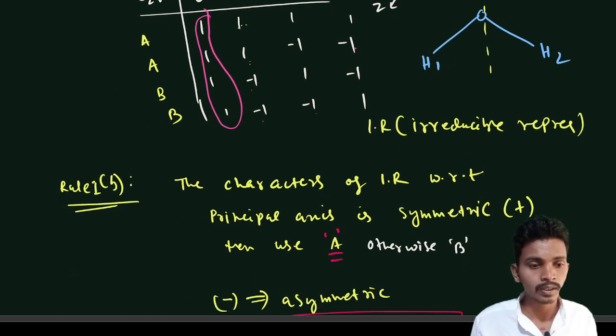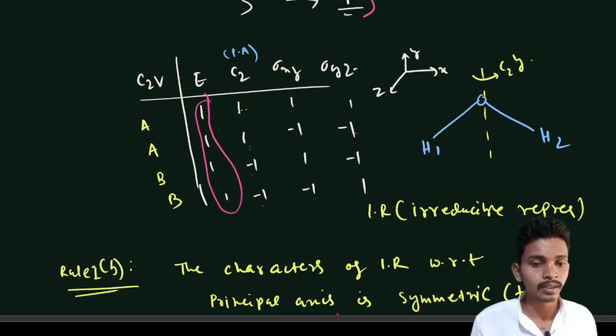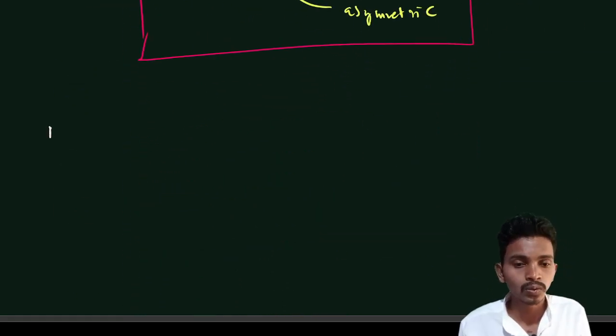So this is the value we get, otherwise B. So this is rule 1. Let's discuss rule 2.